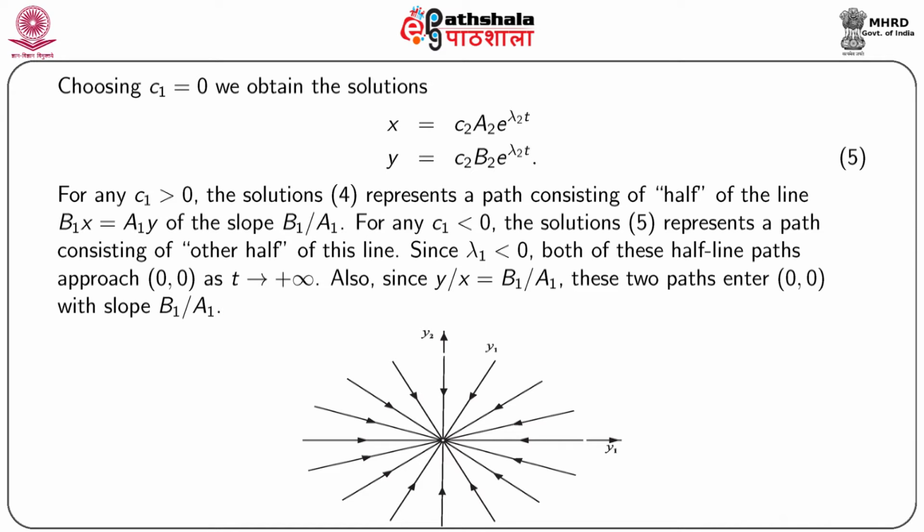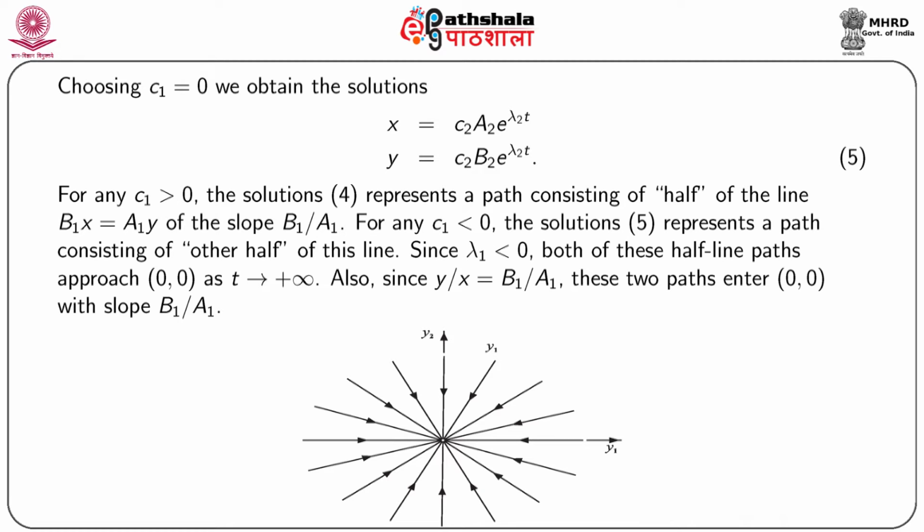Now, for any c1 positive, the solution 4 represents a path consisting of half of the line b1 x equal to a1 y, of slope b1 by a1.